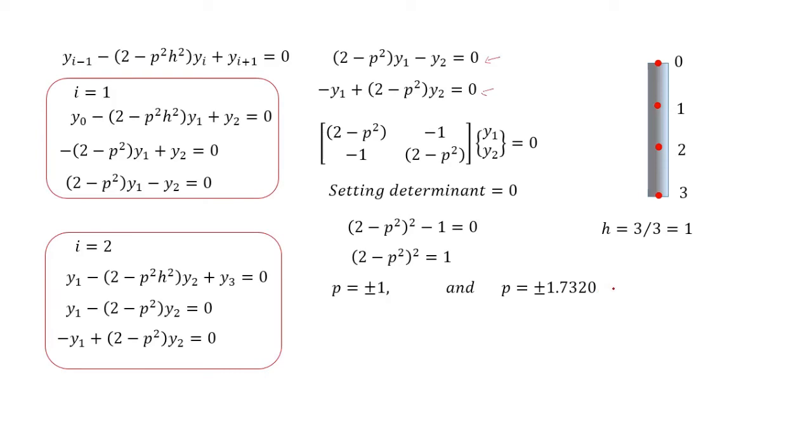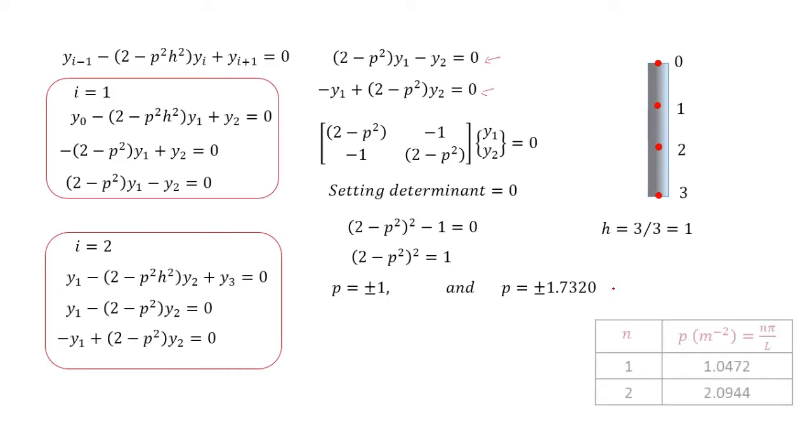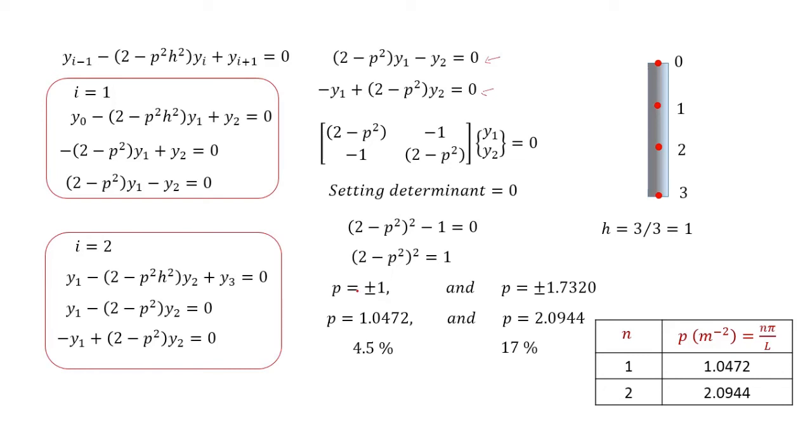Now if you compare these values with our analytical results, for the first eigenvalue we had 1.0472 and the second eigenvalue was 2.0944. So our numerical prediction has an error of 4.5% for the first eigenvalue and 17% for the second eigenvalue.